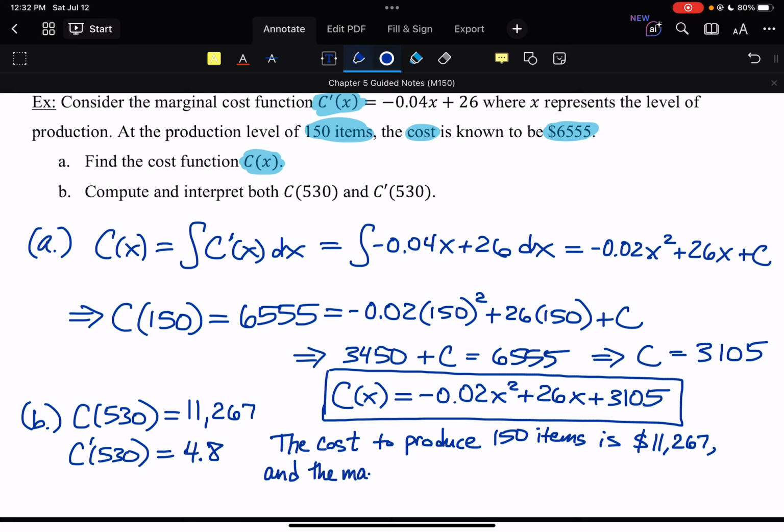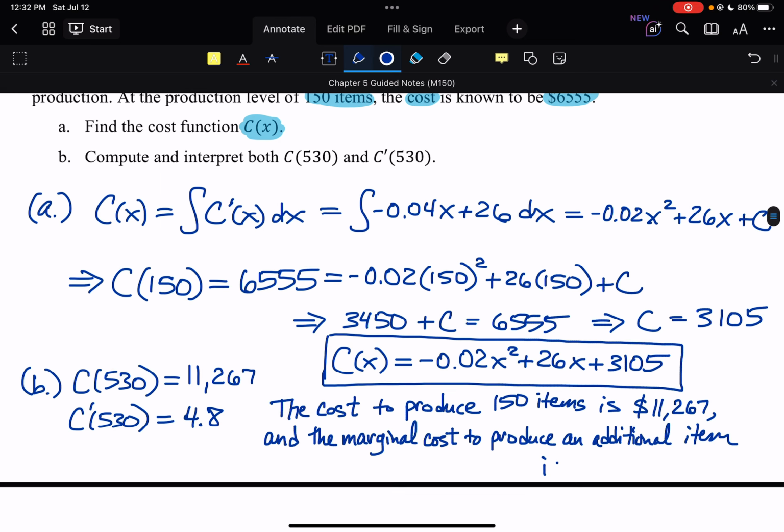And the marginal cost to produce an additional item is $4.80.